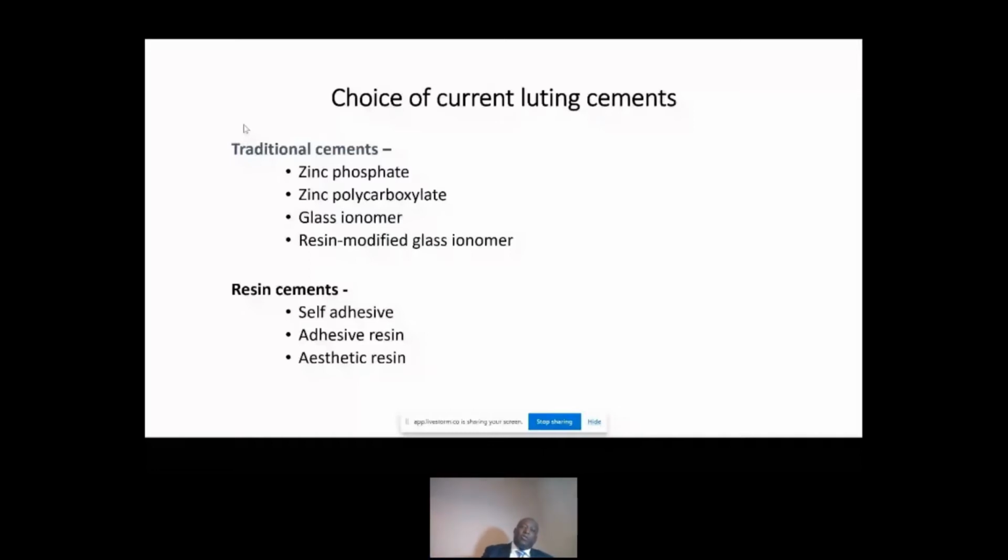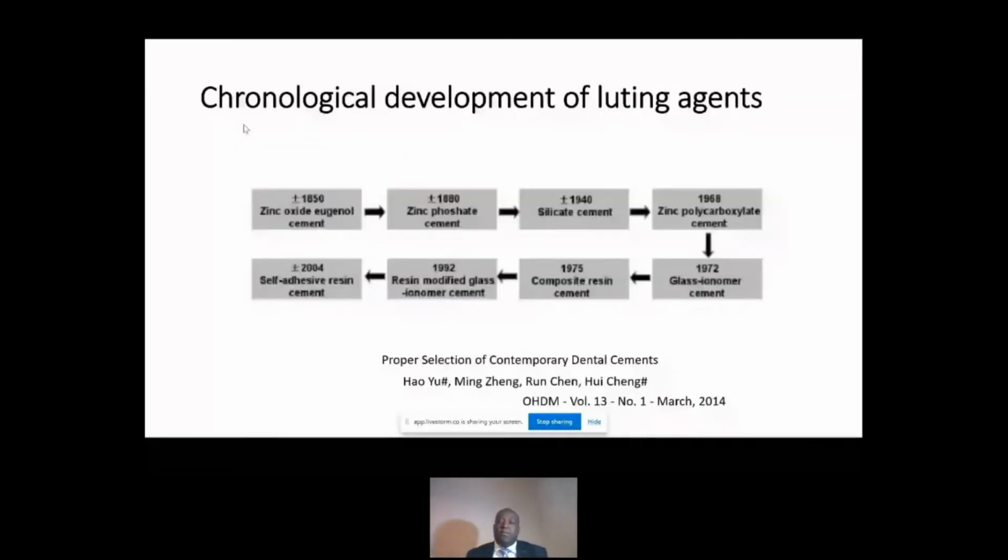And the next slide shows the chronology of the developments of luting agents. We're focused today on definitive or permanent cements, but the very first cement used in dentistry was zinc oxide, used in the 1850s. The first definitive cement was zinc phosphate.